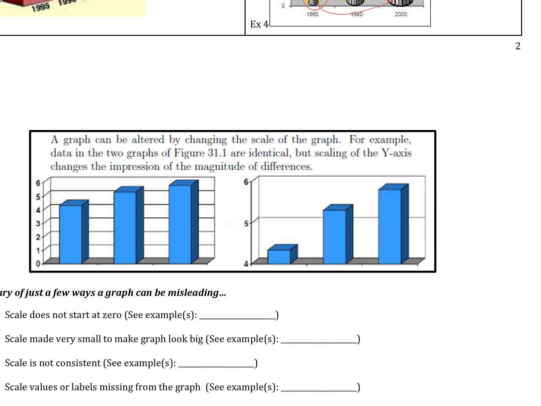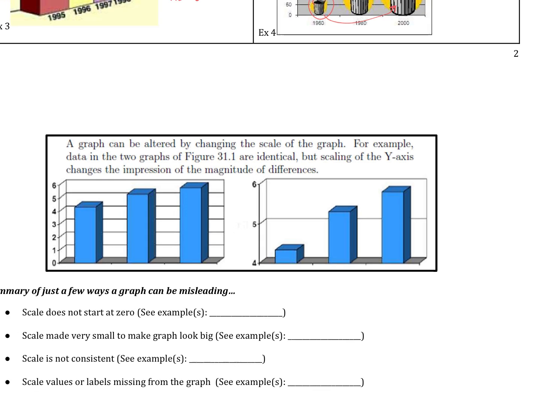On the left, our intervals start at 0, going up by 1, but on the right, it starts at 4, and they still go up by 1, but it makes it appear that the second and third graphs are significantly bigger than the first graph. But if you look back at our graph on the left that starts at 0, there's really not that big of a difference. So that magnitude does really make a difference.